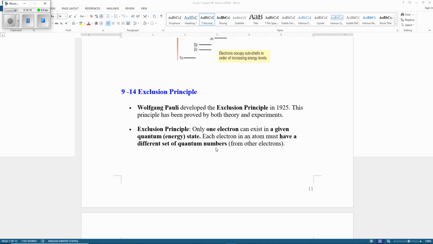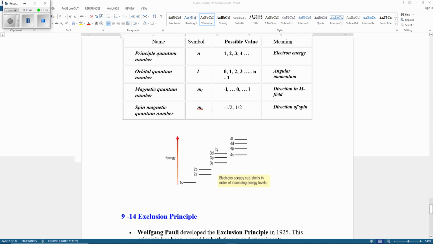Something must be different. They have either different energy, different angular momentum, different behavior, or different orientation. So you cannot find 2 electrons with the same quantum numbers, just like you cannot find 2 students with the same ID number.